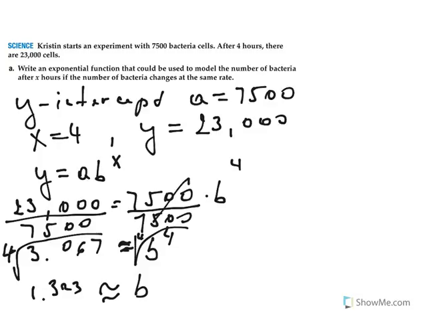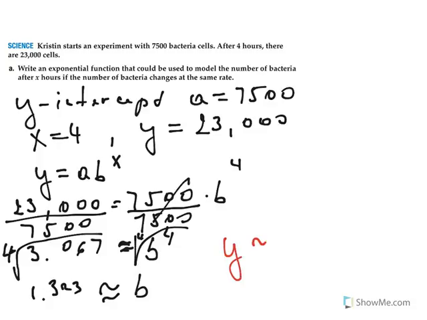But remember, I'm not done because the question says write an exponential function. So I found the b, which in this case is the factor of growth. You can tell that b is greater than 1, and when b is greater than 1, we're dealing with a factor of growth.